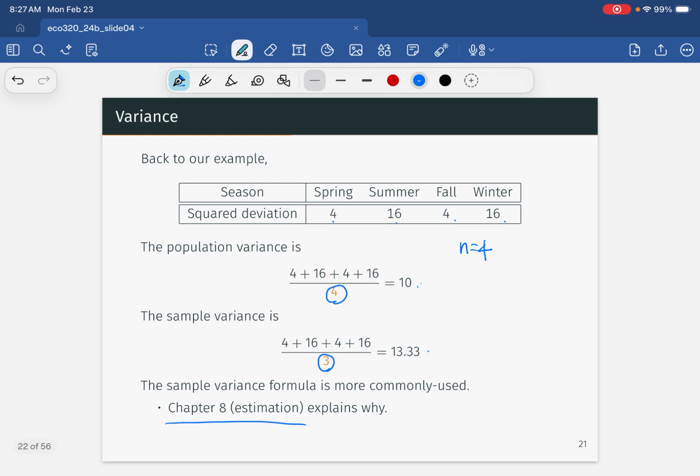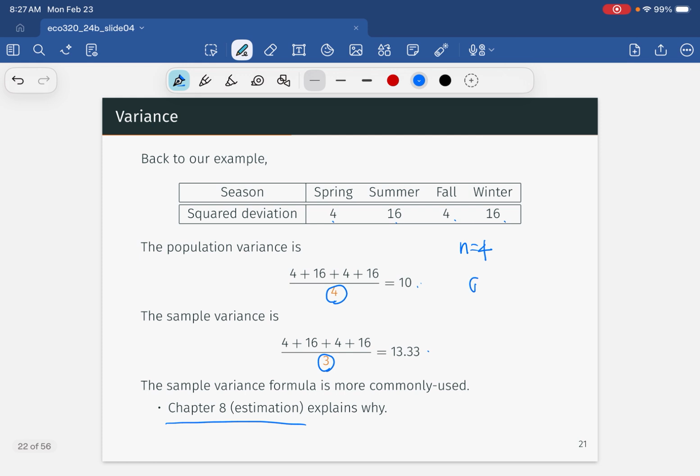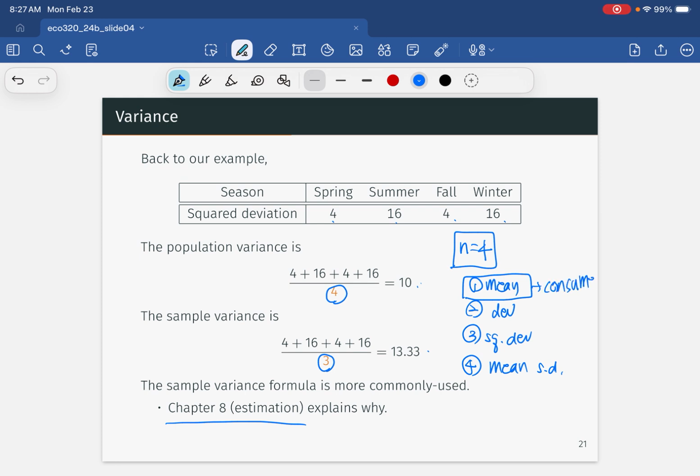But simply speaking, to calculate this, you have to calculate the mean, and you have to calculate deviation, and then you calculate square deviations, and then you calculate the mean of squared deviations. This is how you calculate the variance. The problem here is we start from sample size n, but when you calculate the mean, you consume one information.